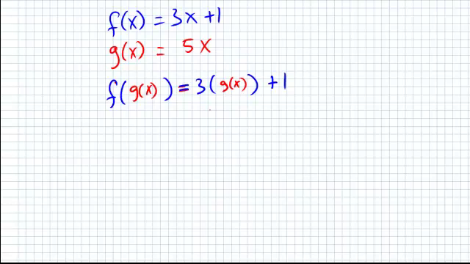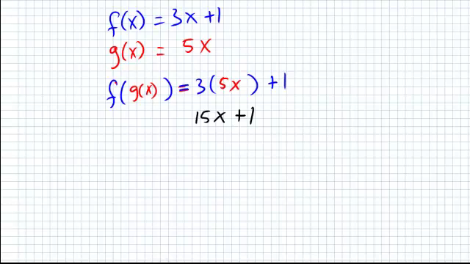But I don't want the function name in there. I want the actual function, what it's equal to. So really what I want in there is 5x. And then I can solve it. So 3 times 5x is 15x plus 1. So my input was g of x and my output was 15x plus 1.